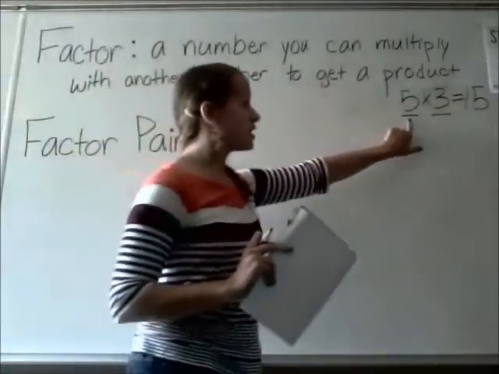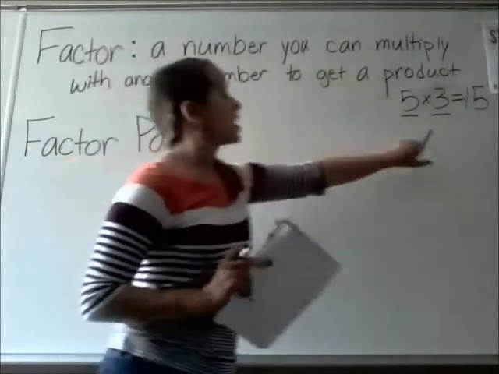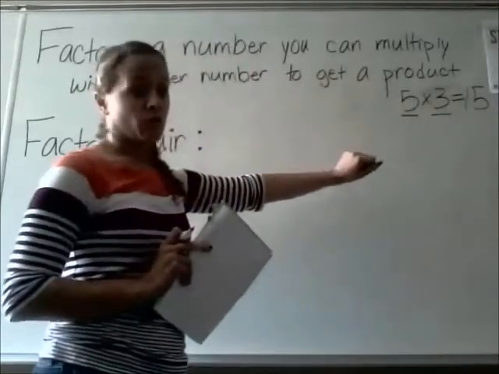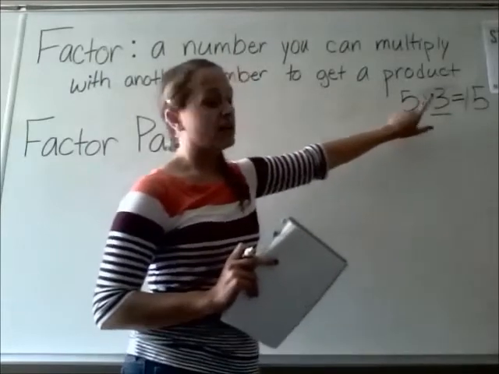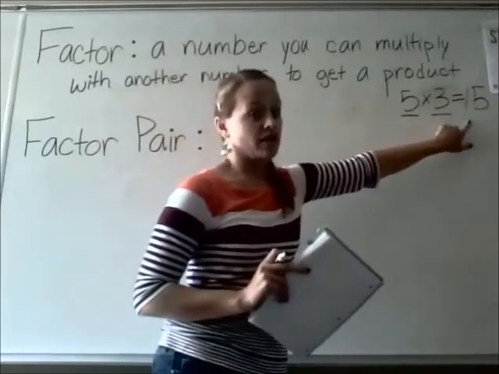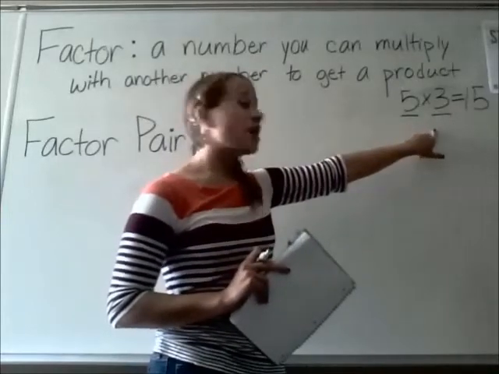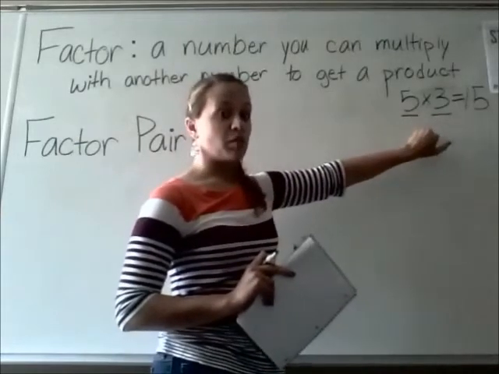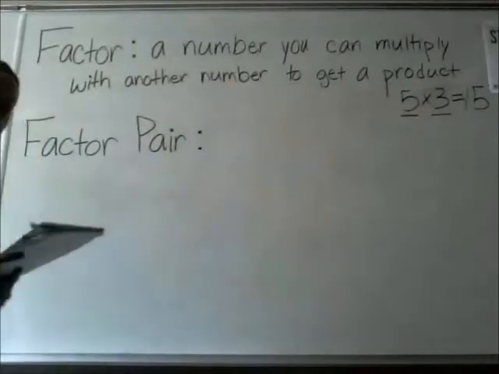So 5 would be a factor that you can multiply with 3 to get 15. 3 works in that same way. So 3 is also a factor because it's a number you can multiply by another number to get a product. Now, if we think of these two numbers together, they are a factor pair, only when they're together, because a pair means 2. So now we're going to move to our definition for a factor pair.